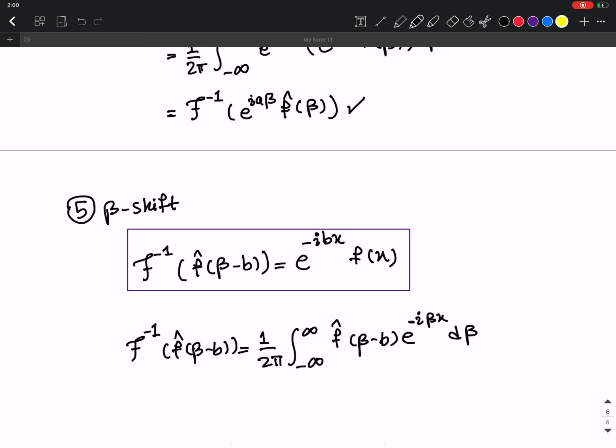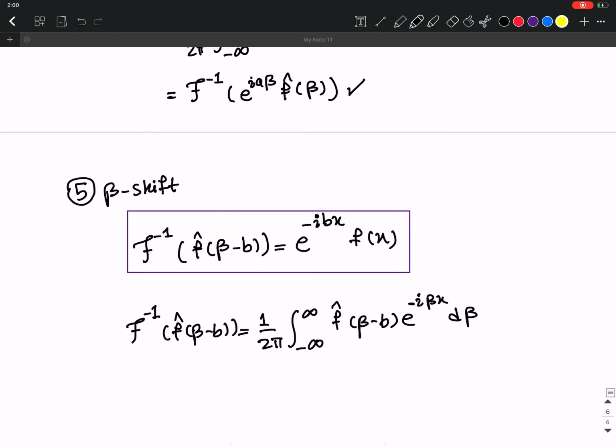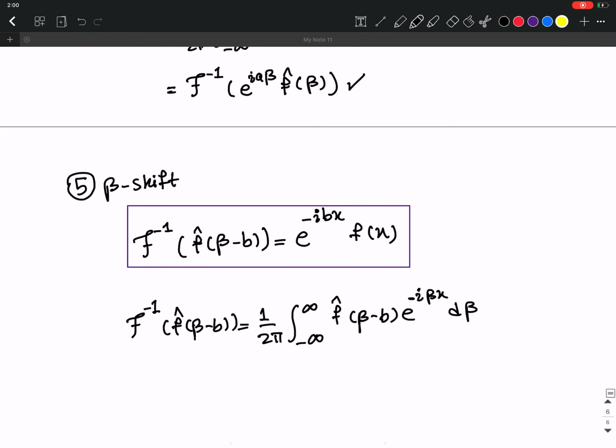So this is just the definition of the inverse formula, written in terms of the integral. Okay, and then I define this new variable nu as beta minus b. So beta is gonna be nu plus b, and d beta is gonna be d nu, right? So b is constant.